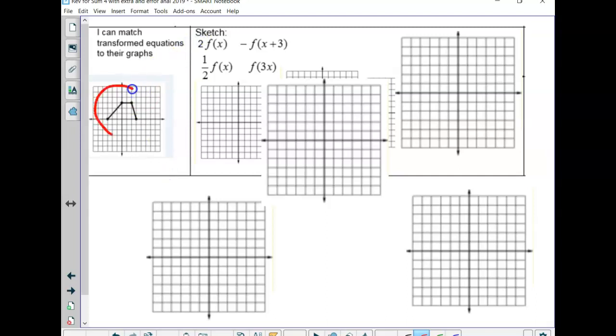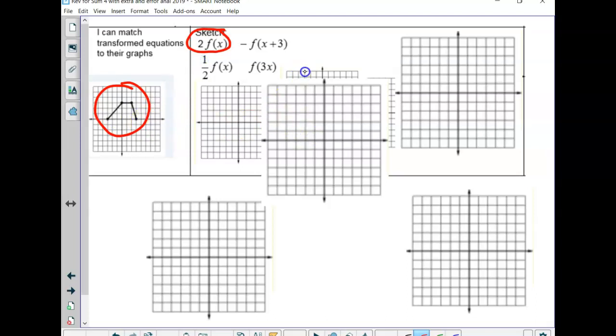So here is your homework. You were supposed to do some of these. Here's the parent function. Who wants to pick one? Anybody tell me what 2f of x would do? Stretch it to which ways? X's or y's change? The y's change.